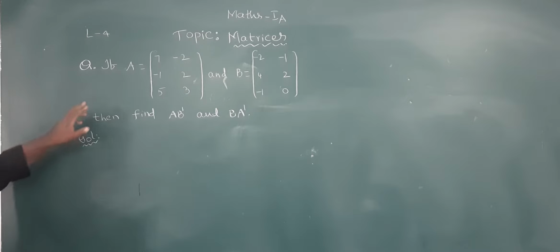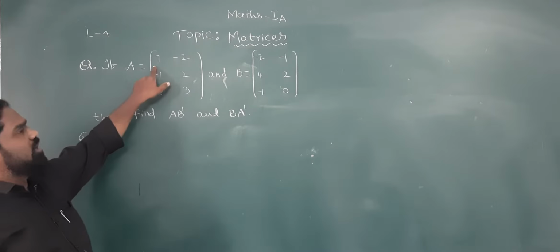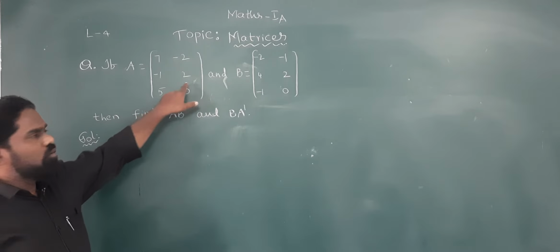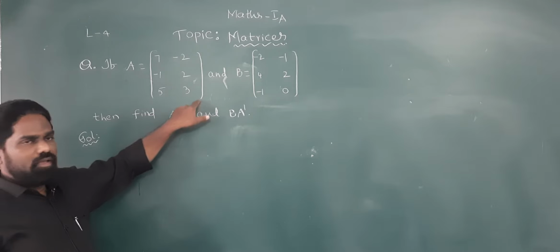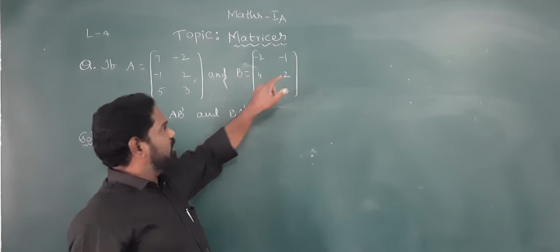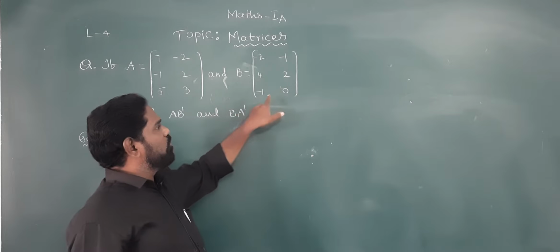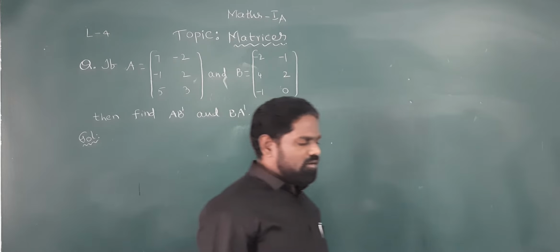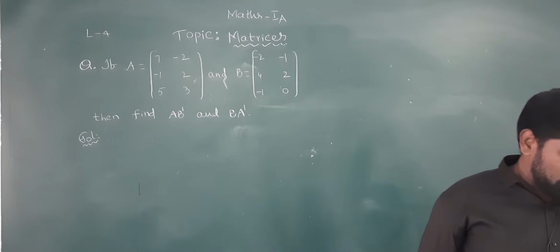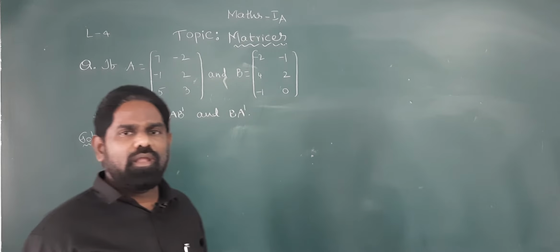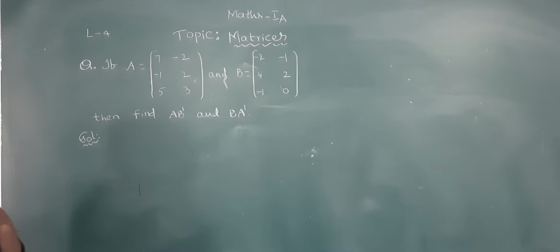Our next question is: if A equals [7, -2; -1, 2; 5, 3] and B equals [-2, -1, 4; 2, -1, 0], then we have to find the values of A into B transpose and B into A transpose.